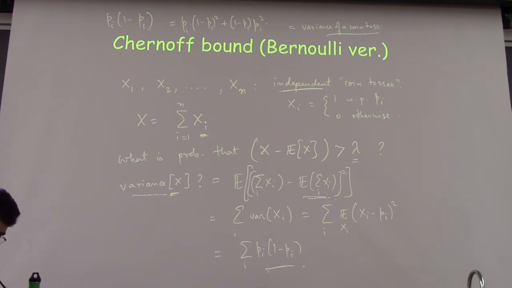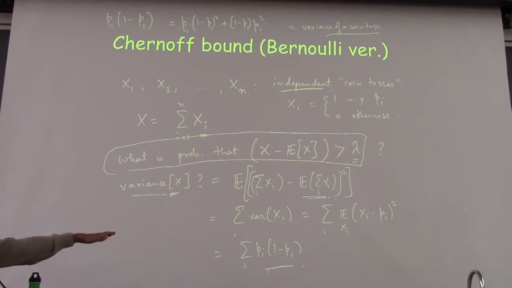And the question we want to answer is this. You expect lambda to be roughly the square root of this quantity. Usually you expect x minus E of x to be about the square root of this quantity. So let's just define this as sigma squared.